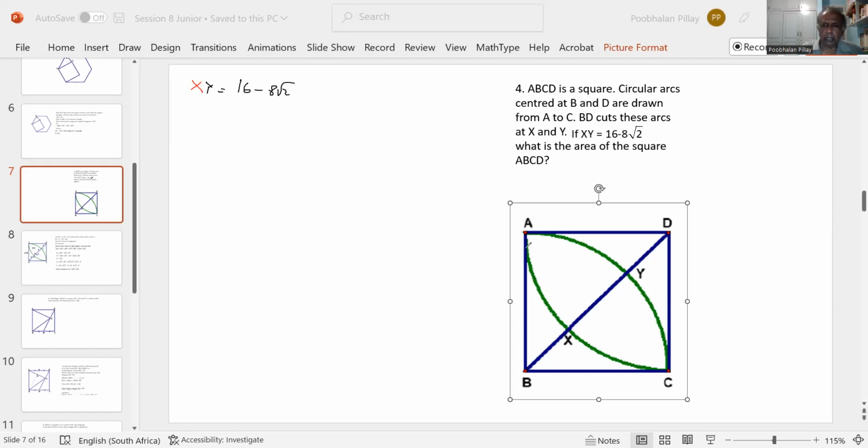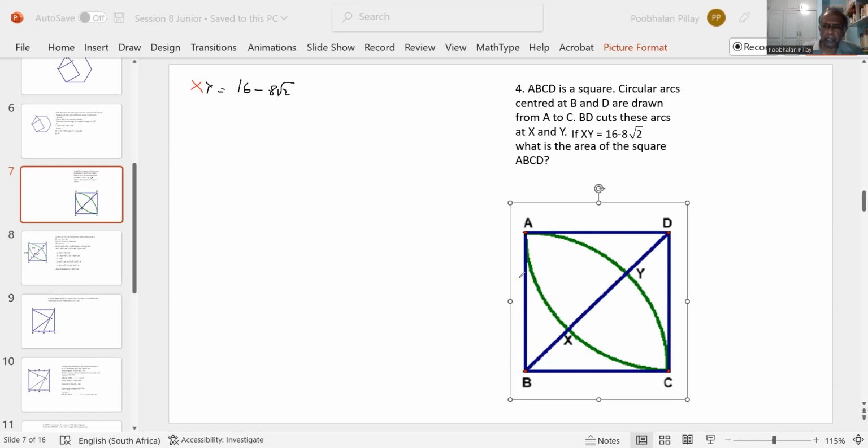Now, if you look at AB or BA, that's the radius of this circle here. So BA is the same as BY, because I'm drawing a circle like that. So Y, B, and AB will be the same.